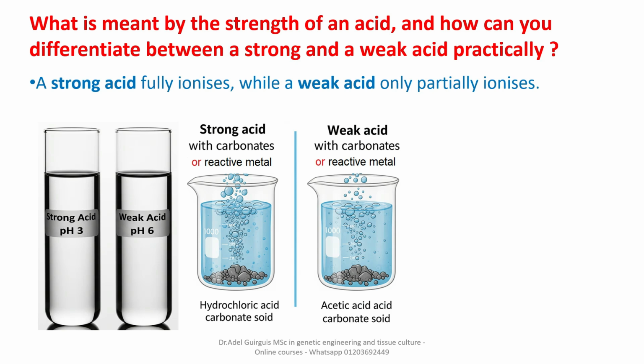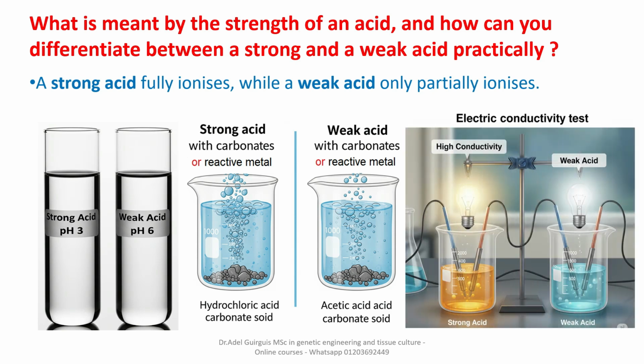Third experiment, detection of electric conductivity. Here, in series connection, weak acid is on the right and strong acid on the left, both in the same electric circuit. Look at the bulb for each.